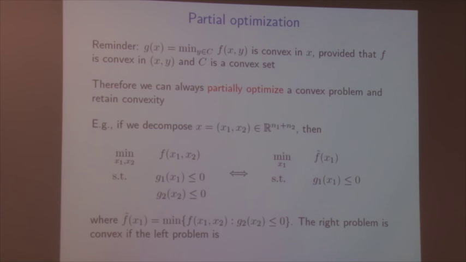And sometimes this is easier to do, and there are methods that we're going to learn about that will do this kind of back and forth between one variable and the other. Does everyone see that? That follows directly from properties of convex functions that we talked about last time.